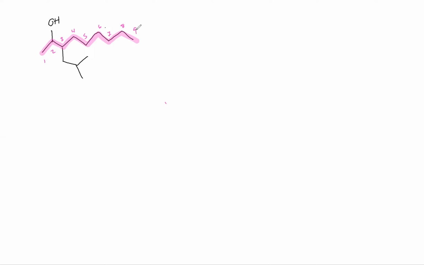So you're going to say, okay, my base name is going to be non-ane. And you know what? I'm going to add something really quickly. I'm going to add a double bond right here. Okay? So our base name is going to be non-ane. And I see, okay, I have an OH group right here and a double bond right here. Both of those will change the actual parent name. So, oops, let me highlight that in a different color, in blue.